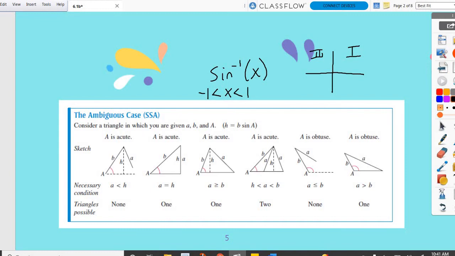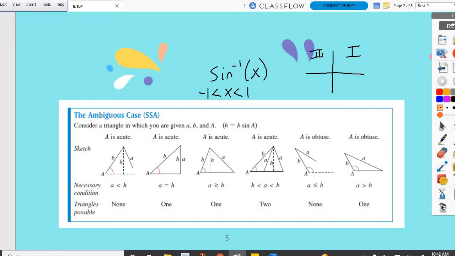The other part is, just like normal cases, we're going to run into where we just get one solution. It's going to be pretty straightforward. However, there is the possibility that we can either get the obtuse angle, which is on the inside, or the acute angle, which is on the outside. So that would be where it works out to where I can use both my acute and my obtuse angle.